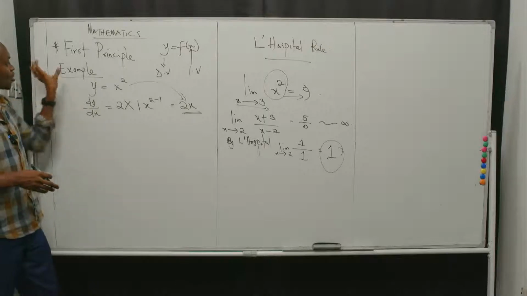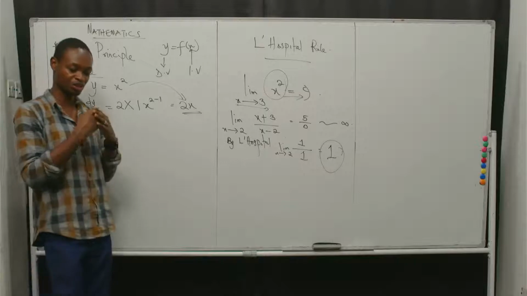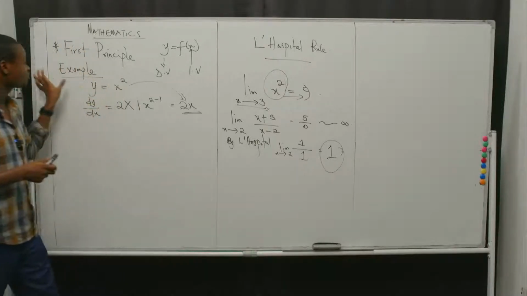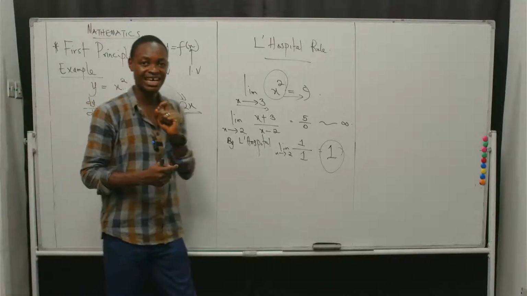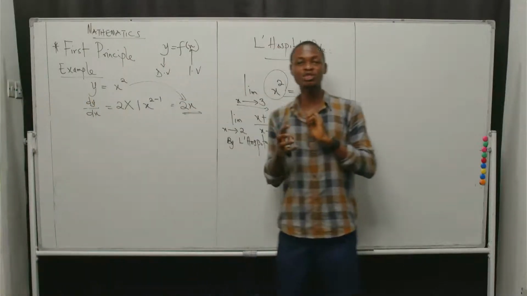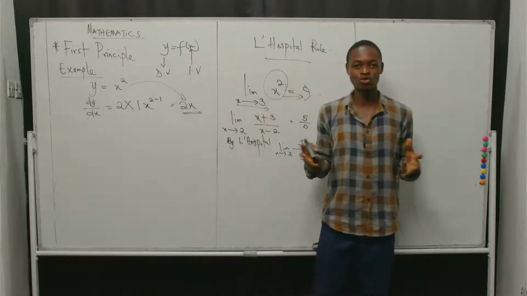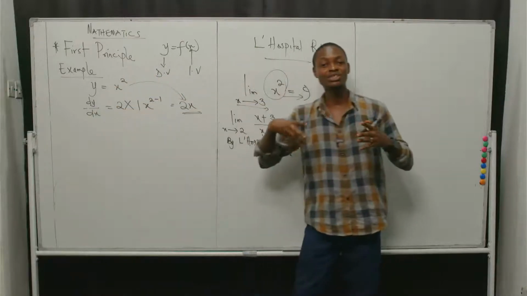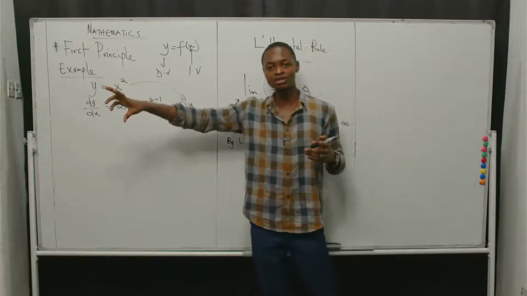Now, when we talk about first principle, we break down that process of change into smaller bits. First principle is formed by considering the slight or smallest possible change that can exist within x and y. dy/dx already has considered the total change, right? Sometimes we also call it the total derivative.